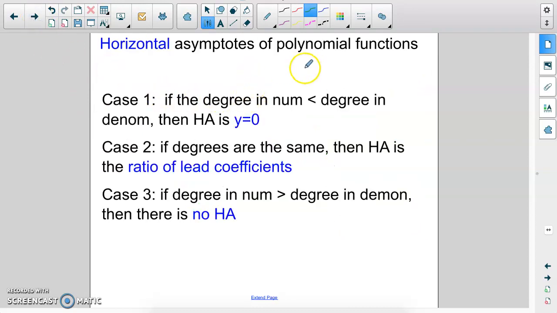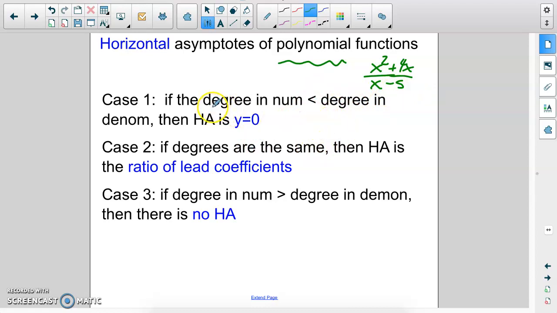Horizontal asymptotes of polynomial functions, those are the ones with x on the top and x on the bottom, like that. Anything with x's in the top and the bottom, it could have a variable or a constant like 5 in the top and a variable in the bottom. Wherever there's just not trig, not square roots, not weird things.